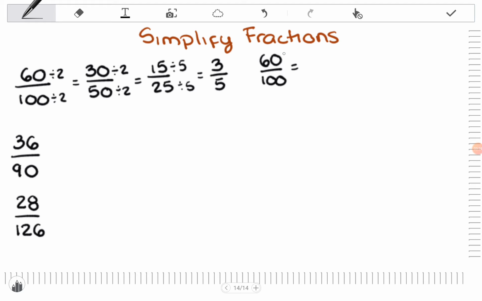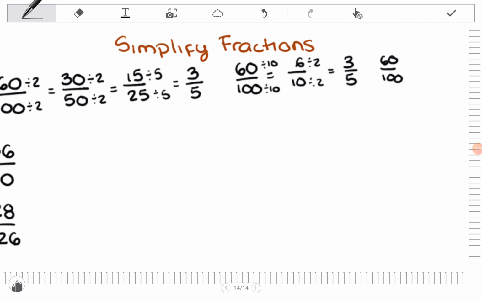So I can say divided by 10, and it's going to be 6 over 10, and then I divide both by 2, and it's going to be 3 over 5. And even better, if you realized that both were divisible by 20, this is a little bit harder, but it's going to be a lot faster.